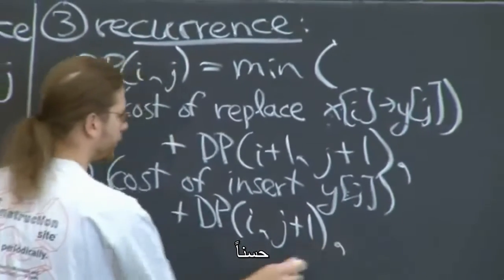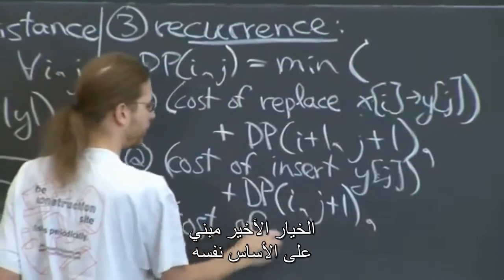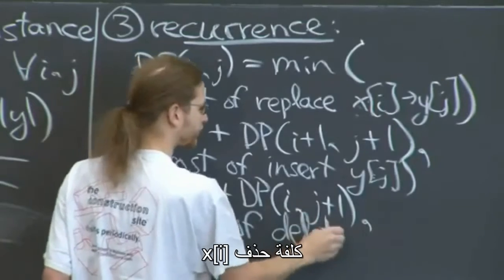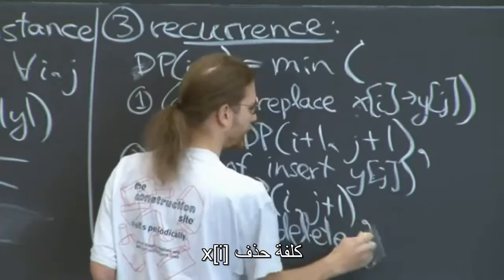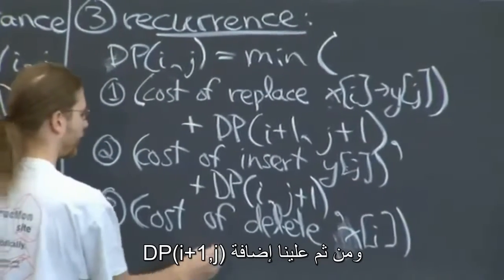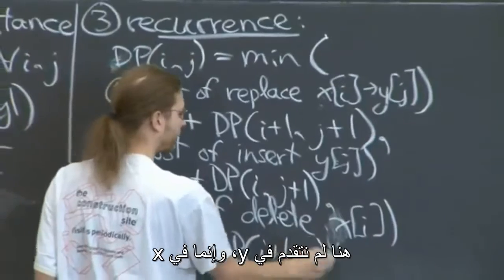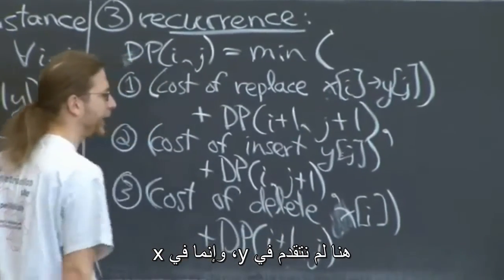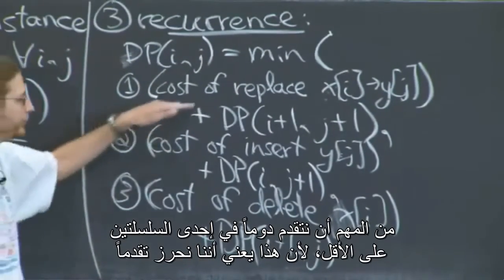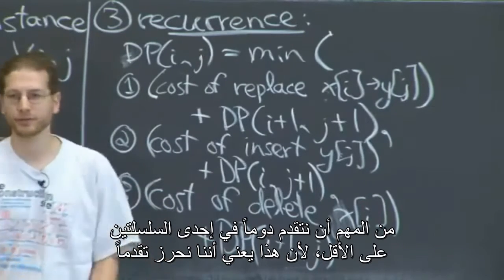OK, comma. Last option is basically the same. Cost of the delete, deleting xi. And then we have to add on dp of i plus 1, j. Because here we did not advance y, but we advanced x. It's crucial that we always advance at least one of the strings, because that means we're making progress.